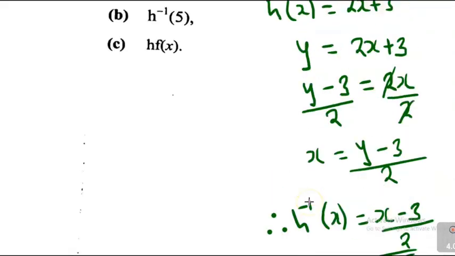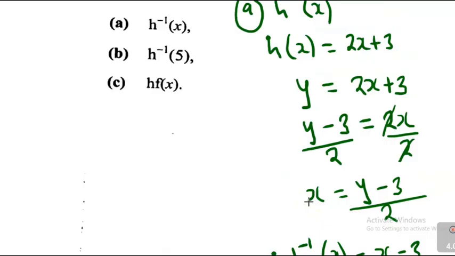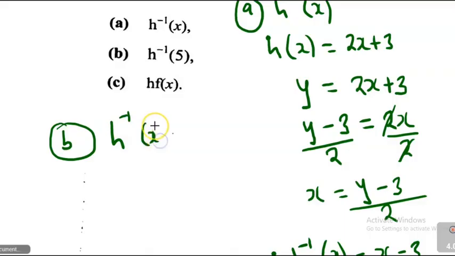Alright, let us check question B. In this one, you have to find the h inverse of 5. To find the h inverse of 5 is very simple, because we have found the h inverse of x. The h inverse of x is equal to x minus 3 over 2.